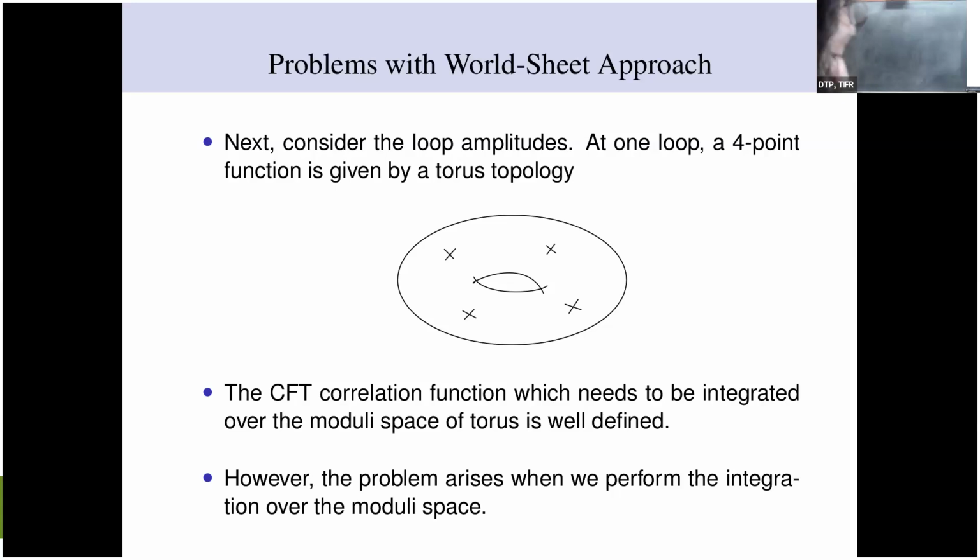There are some papers by Mizera where they considered this at one loop. They try to give some contour prescription, but how exactly it works at all loop orders is not very clear. So it's more a problem of calculation.